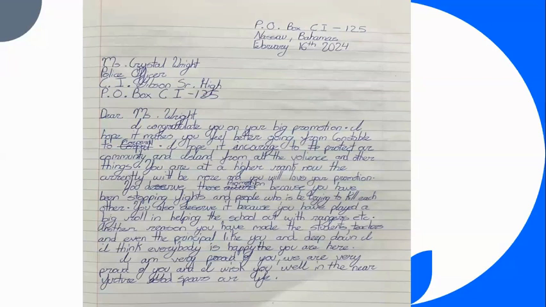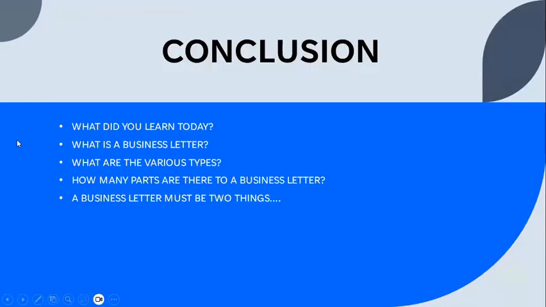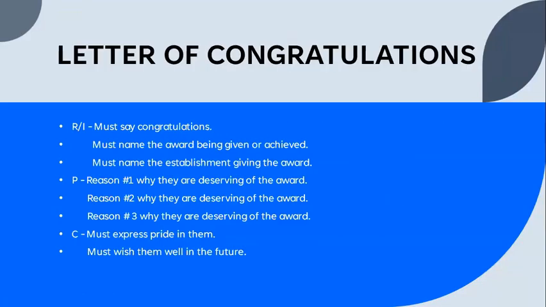I didn't really get to read it, but I see that he's talking about the police officer. Okay, let's go back. We're looking at content. This is the content that should be present in the letter.